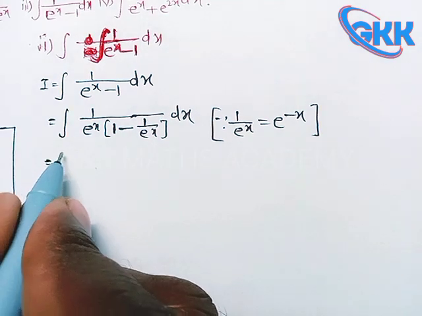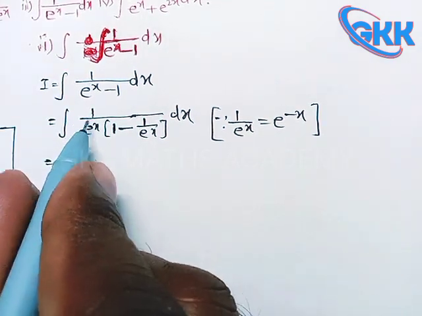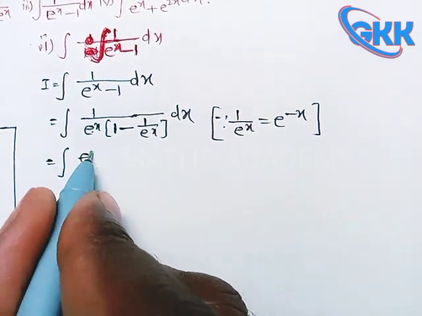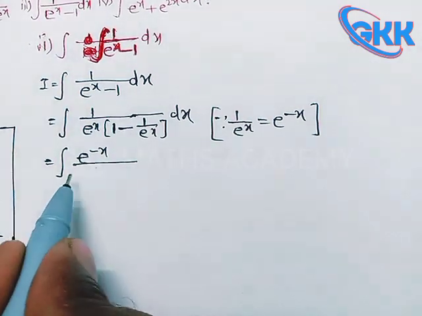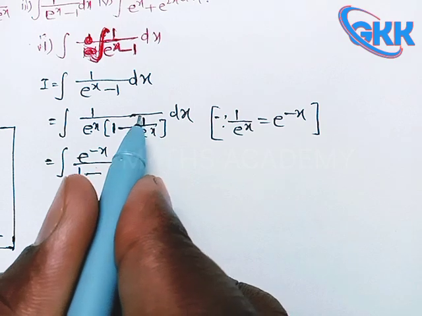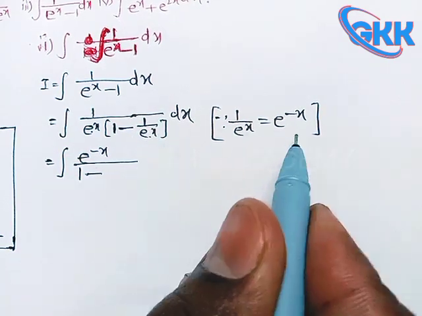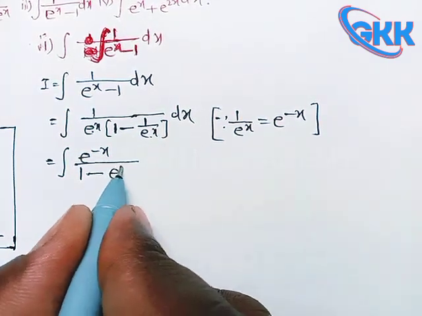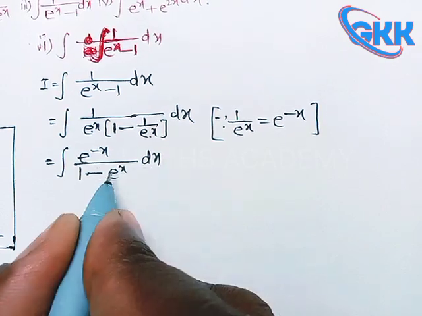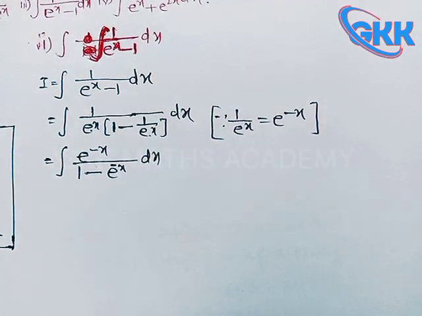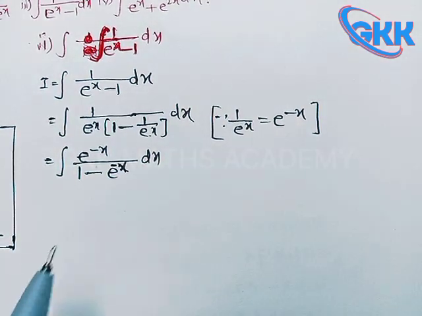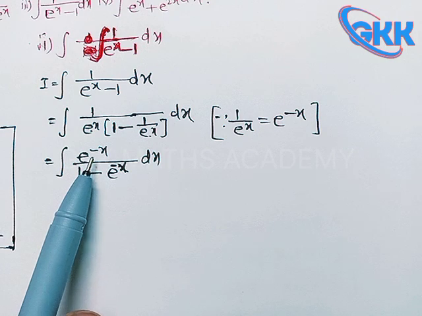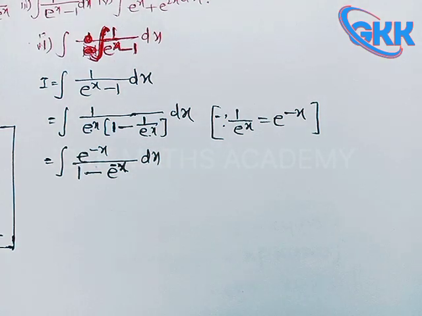So you can write the integral with e power minus x in the numerator, and in the bracket also, 1 minus 1 upon e power x can be written as 1 minus e power minus x, dx. See, we got e power minus x in the numerator.